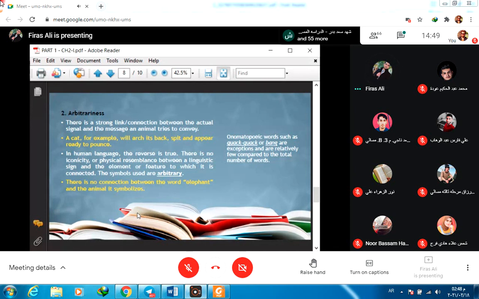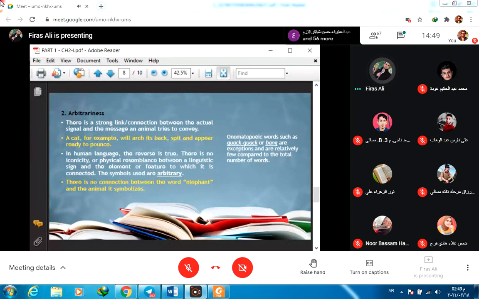A cat, for example, will arch its back, spit, and appear... that's impossible in human language. By arbitrariness, we mean there is no link, no connection between the signal and the message. That's all. In human language, if I say the word elephant, there is no relationship between elephant as a word, as sounds, as letters, and this big animal.